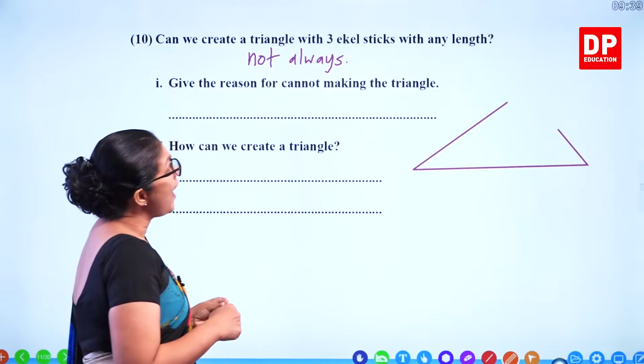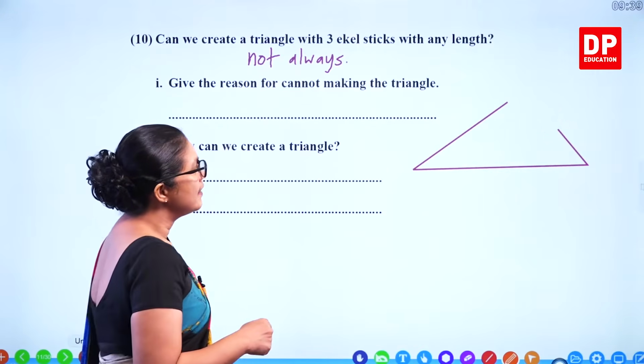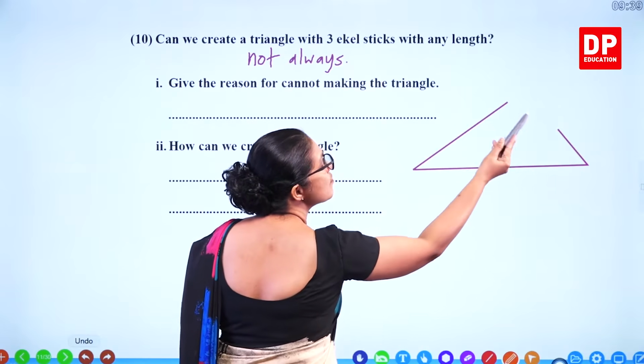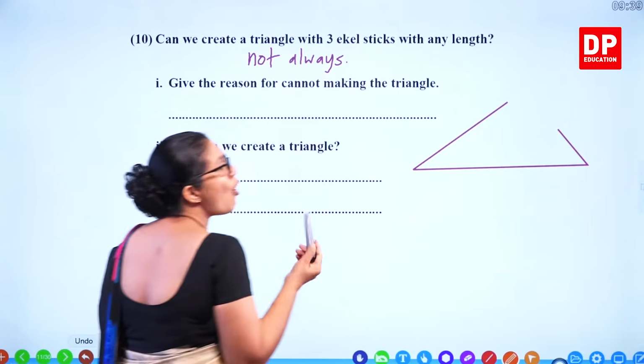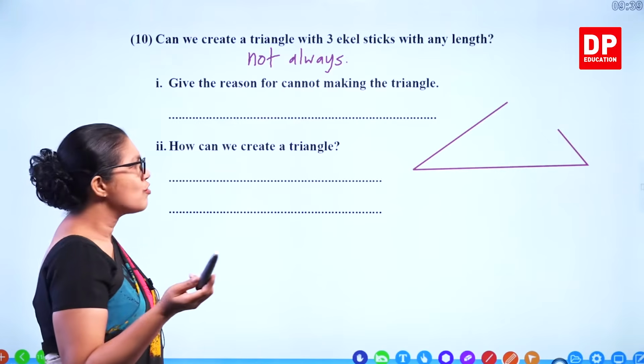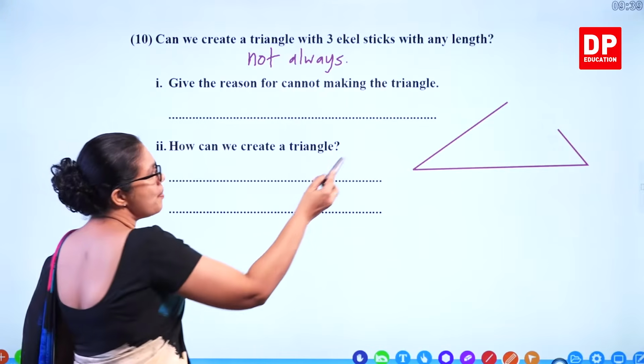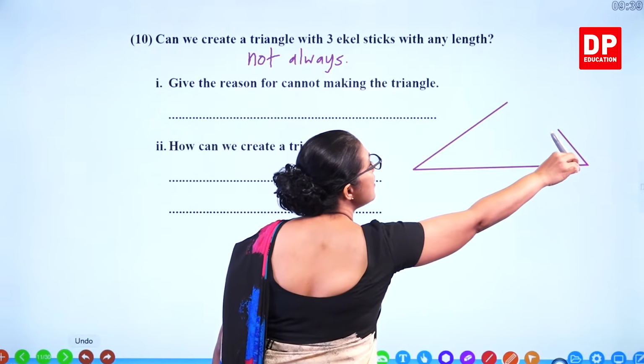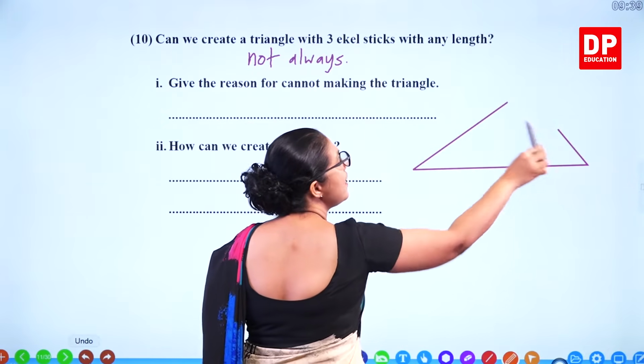Give the reason for not being able to make the triangle here. So we can say one equal stick is not long enough to make a triangle. We can see this length is bigger, but here this one needs to be longer than that.